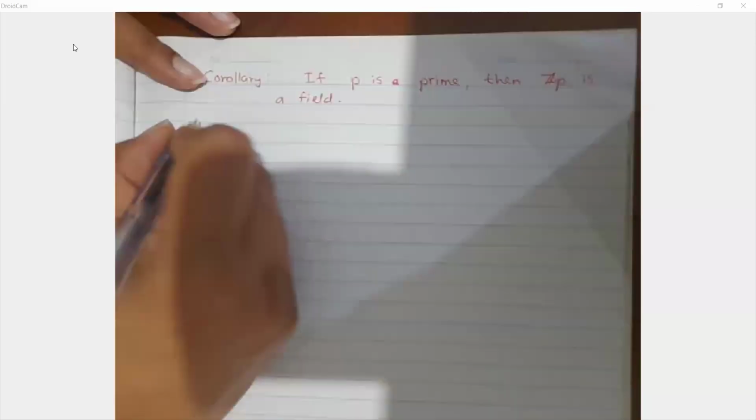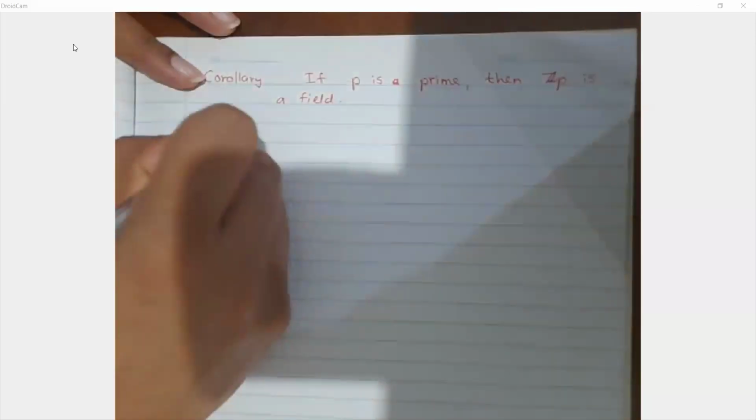That means Zp is an integral domain when p is a prime. Because it has a finite number of elements, it's a finite integral domain. So from the theorem that we just proved, we see that Zp is a field.